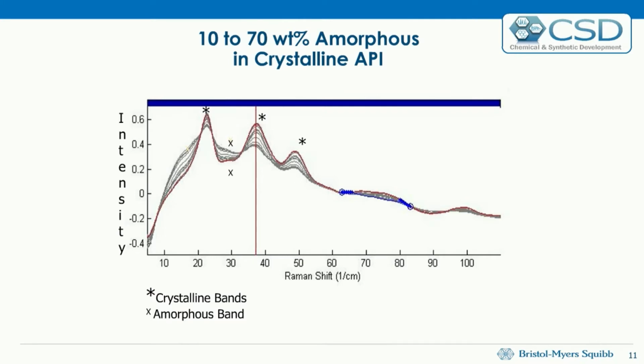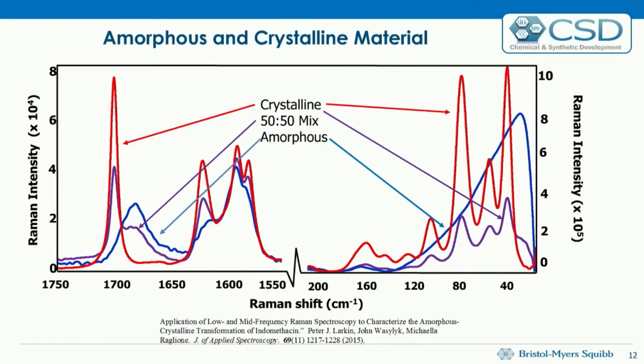So we've confirmed what's amorphous and what's crystalline, then mix the material as best you can, take multiple spectra and plot that out. And you can come up with a PLS model to differentiate and follow a process as it's going through a transformation from amorphous to crystalline. Of course, the caveat is it has to go to the right crystal form that you're driving for. So I have examples of that.